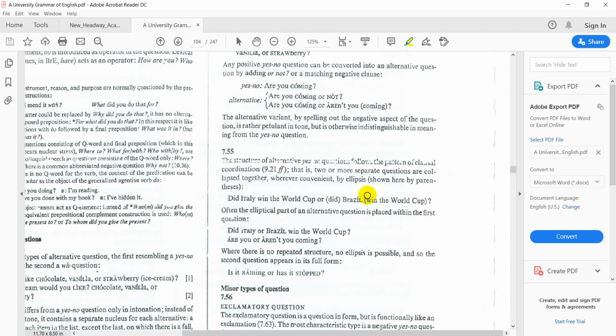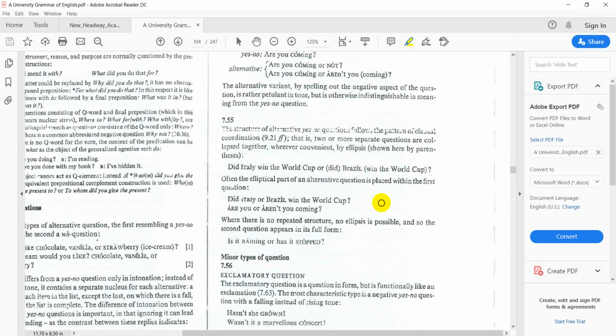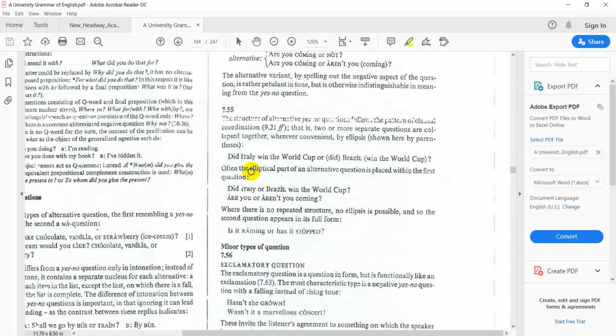The same condition applies here. If there are identical subjects or auxiliaries, it is preferable to ellipse or delete them. Let's have a look at this example. Did Italy win the World Cup, or did Brazil win the World Cup? As you see, did is repeated, and the World Cup is repeated also.